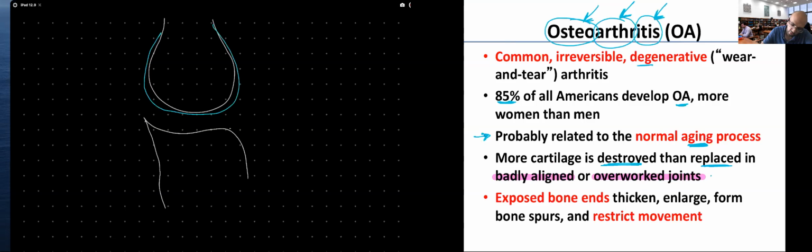The condyle of the femur is covered with cartilage. The condyle of the tibia is covered with cartilage. So in osteoarthritis, I have over-destruction of the cartilage. So now the bony ends are articulating against one another. As I did destroy the cartilage layer, now I have two exposed bony ends articulating against one another.